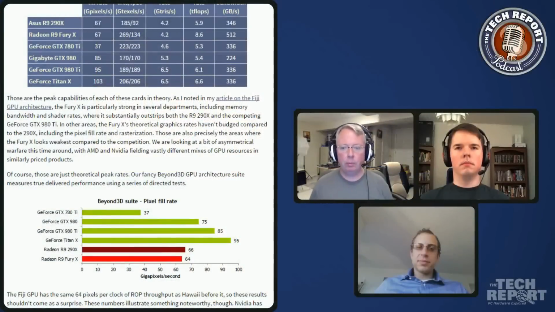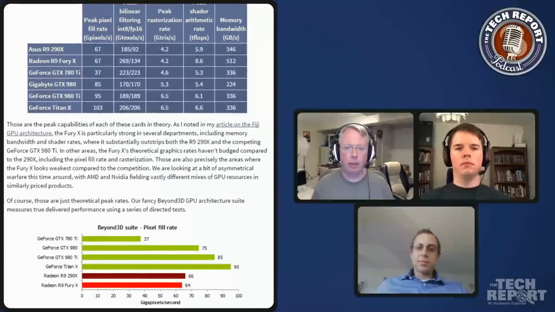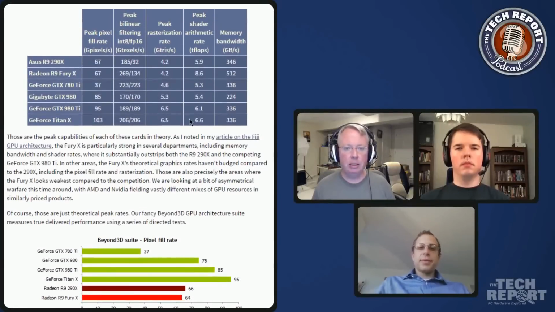David, I'll give a summary of what we've found, because we had the results, we had the numbers. And so we said last week when I wrote my little architectural piece, there's a very clear disparity between the Fury X strengths and the 980 Ti's strengths.